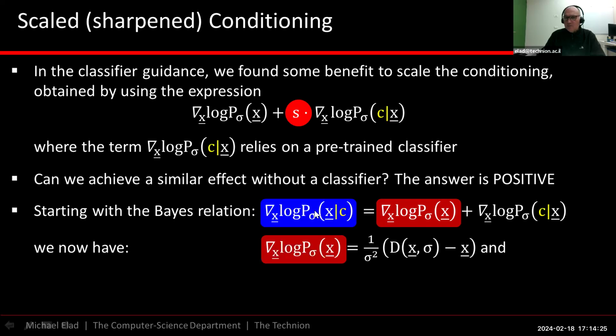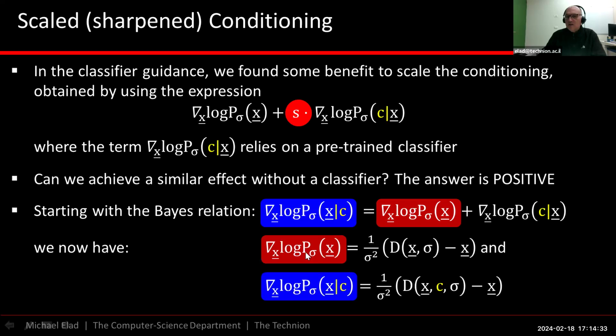The red part is easily calculated using a regular denoiser. The blue part is easily calculated using a conditional denoiser. So what differs between the red and the blue is only the choice of the denoiser being used. And I remind you, it's the same neural network, simply with a different entry for C. Here you put C equals 0, and therefore this denoiser is free of conditioning.